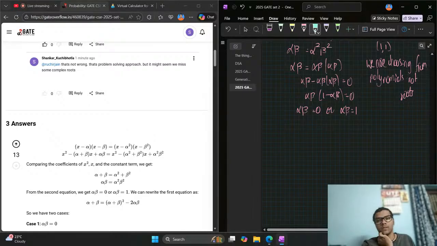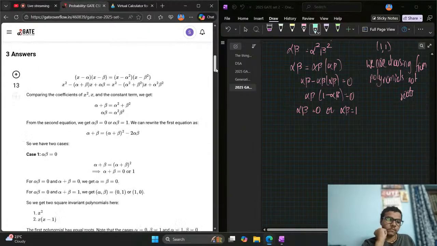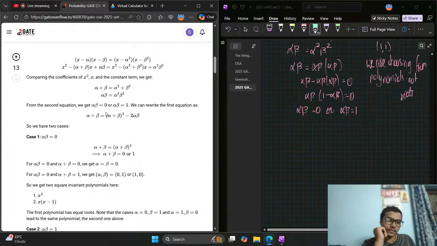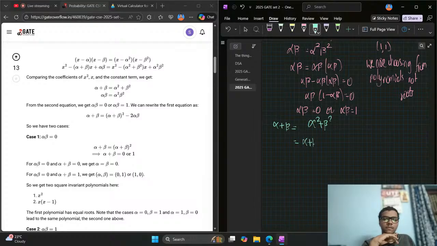So what to do now? We are supposed to solve with, I read until here. Alpha plus beta, alpha square plus beta square. Alpha plus beta whole square minus 2 alpha beta.